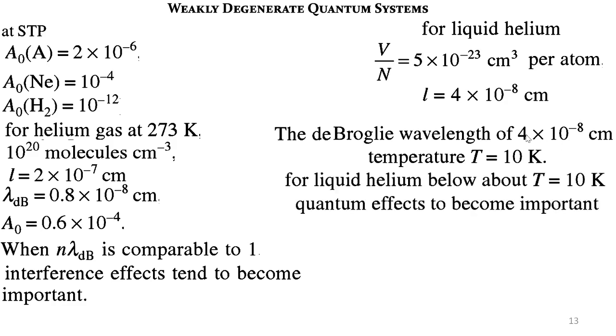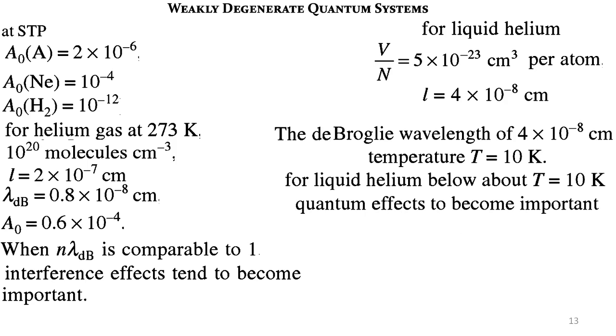And interestingly, it has been found that liquid helium around 4.2 Kelvin is just the threshold where the quantum effect starts to come into the picture. Around 4.2 Kelvin, liquid helium shows a very important property of superfluidity. It means it can flow without any viscous forces, no resistance to the flow.